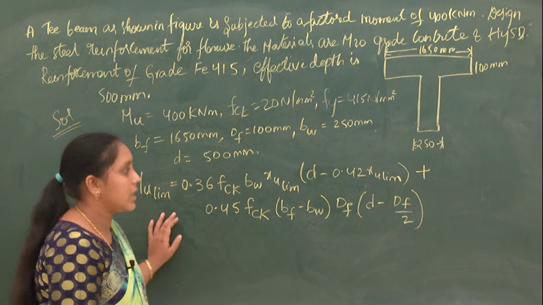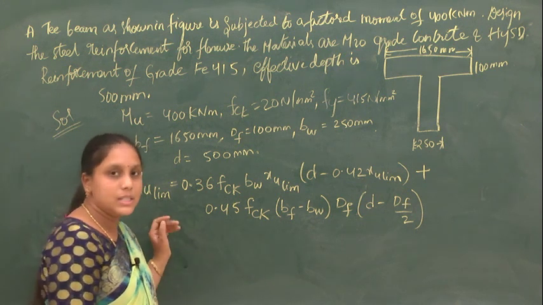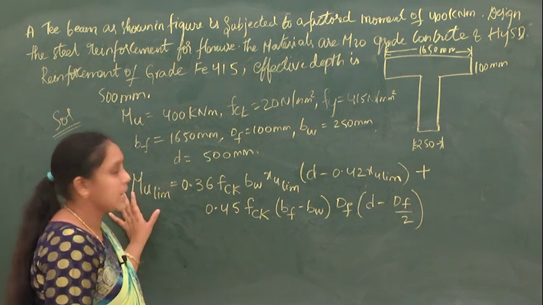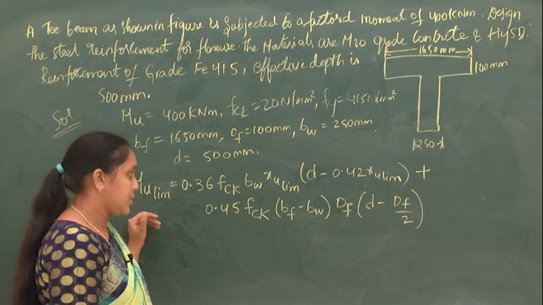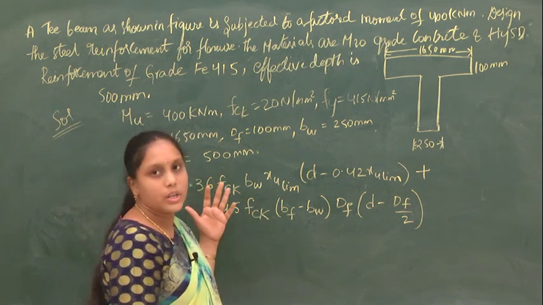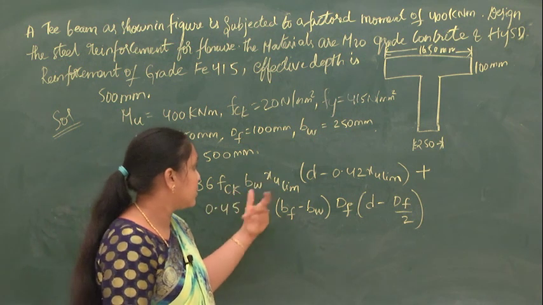Why? Because here we are considering it as a balanced section and we are going to calculate the limiting moment of resistance. So all the values are known here except the XU limit.